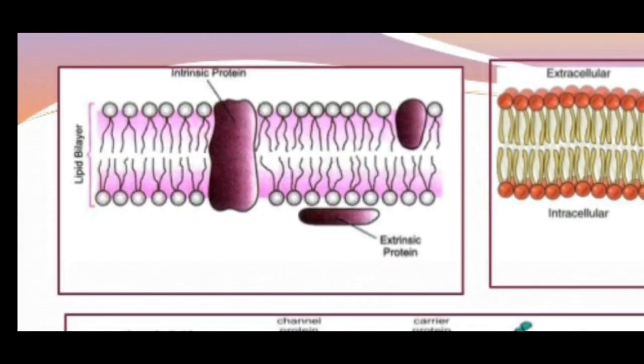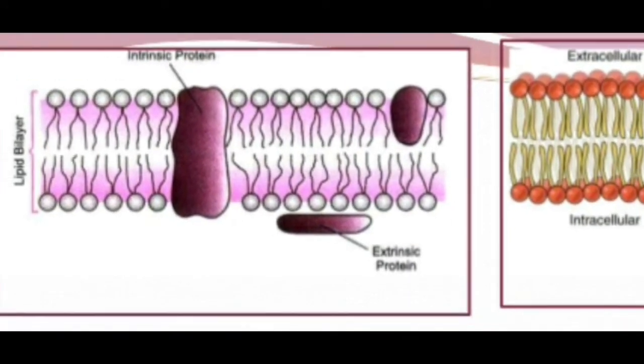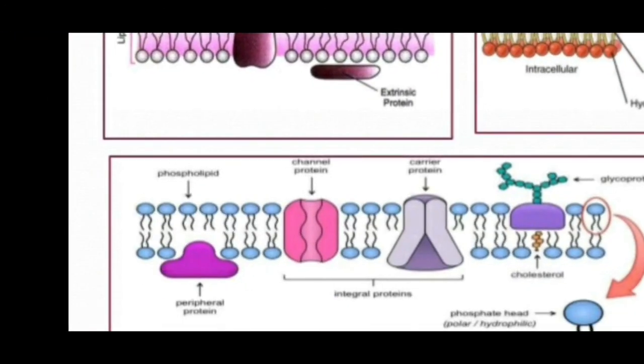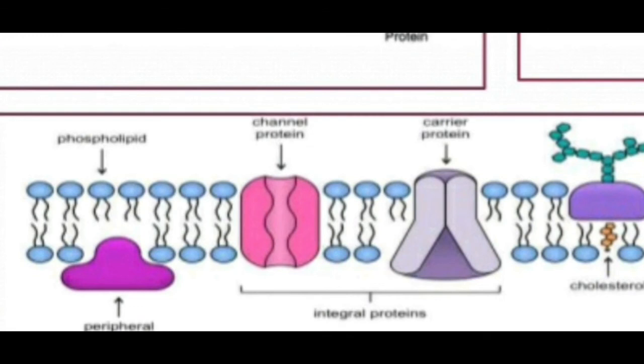Okay, see, this is the actual structure of the plasma membrane. They have some intrinsic proteins. Intrinsic means the internal proteins. Some are extrinsic, meaning they are outside the plasma membrane, either on the side of the cytoplasm or on the side of the outer environment. And they have carrier proteins also. See, these are the carrier proteins or the channel proteins.